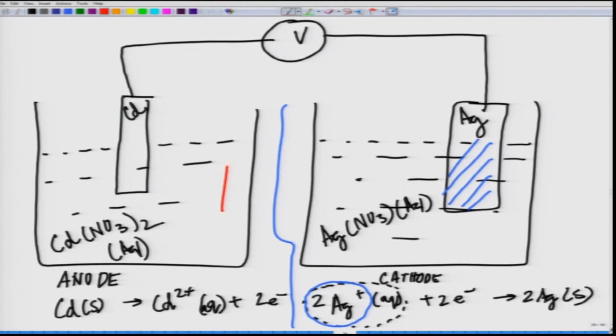So, here we have a salt bridge now. What is a salt bridge and what is its role?